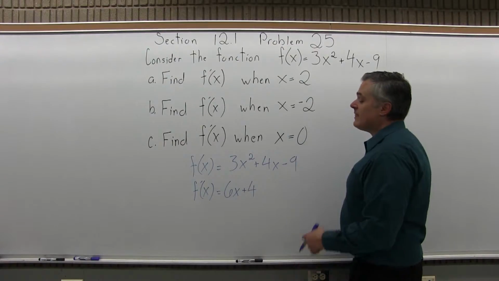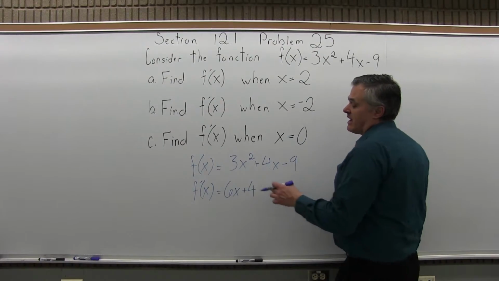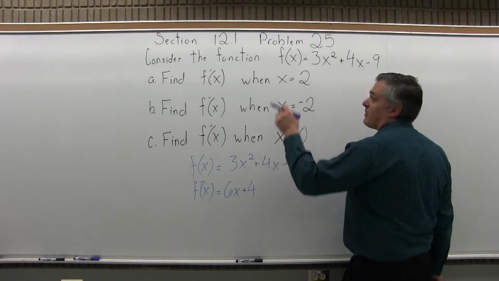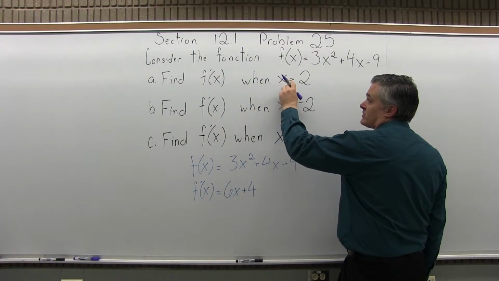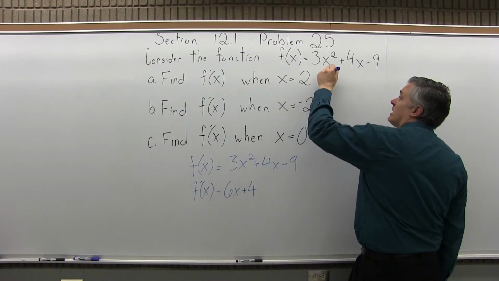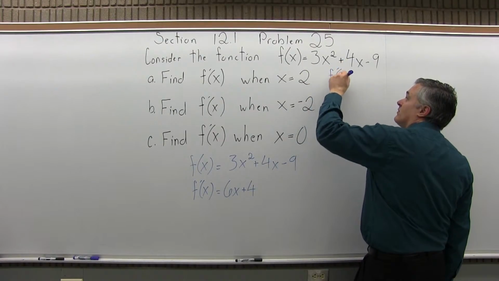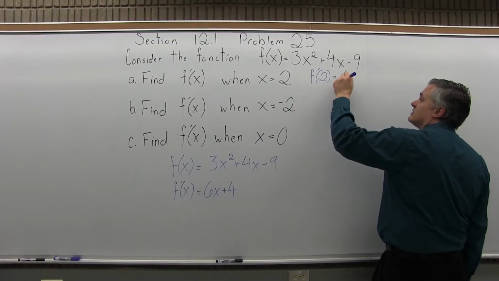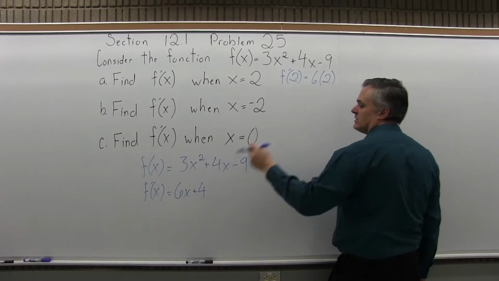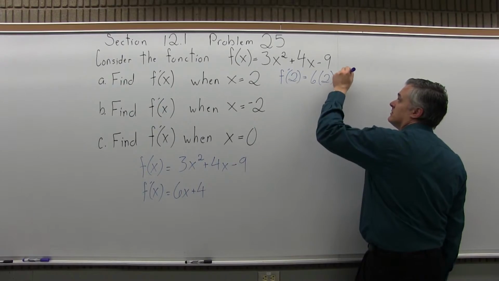So now that I have that, I can find the f prime for part A, for part B, and for part C. So part A, what's f prime of x when x is 2? So what I'll do is f prime of 2 equals 6x becomes 6 times 2 plus 4.